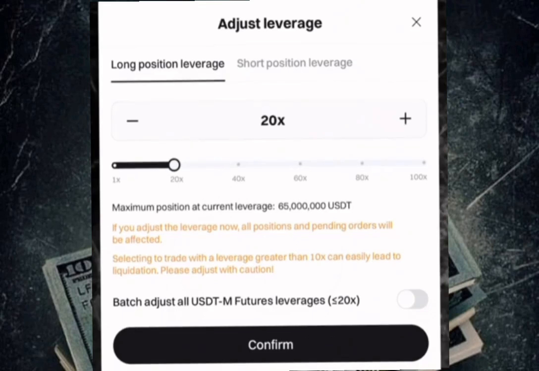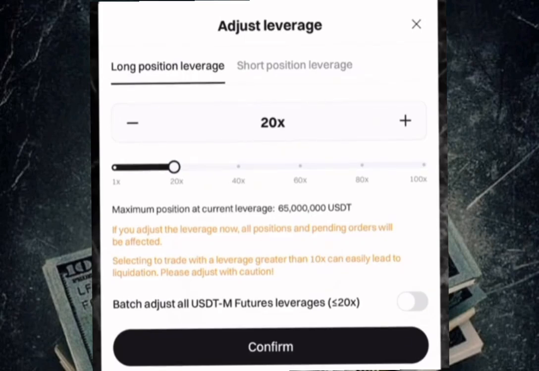Now, what does this mean? Remember that I said that leverage allows you to make more money, lose more money, and have more money to trade. Now, how will leverage make you more money? Let's say, for example, you're trading ETH right now, and immediately you enter the trade with 20x leverage. If the price of ETH moves up by approximately 1%, you are going to be making 20% profit.